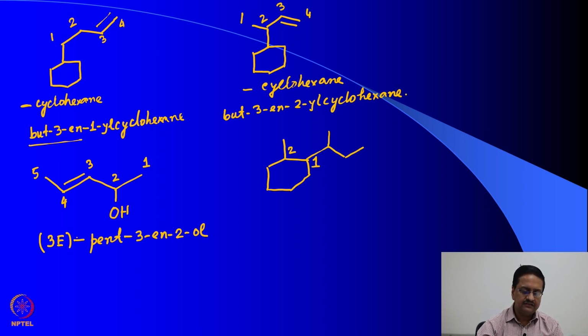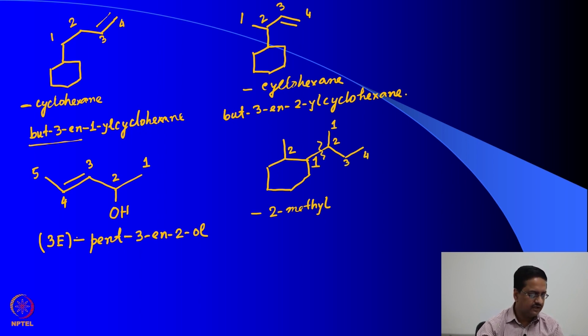So, what we have is a 2-methyl, and what we have is a butane, a butyl group, where you should number that chain as 1, 2, 3, 4, and the connectivity is through the carbon number 2.